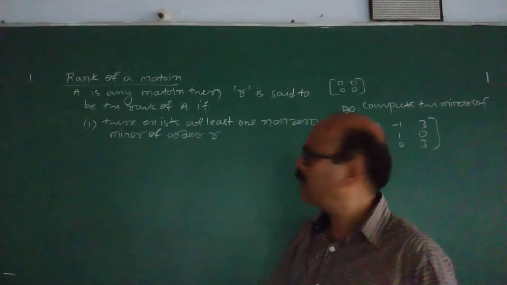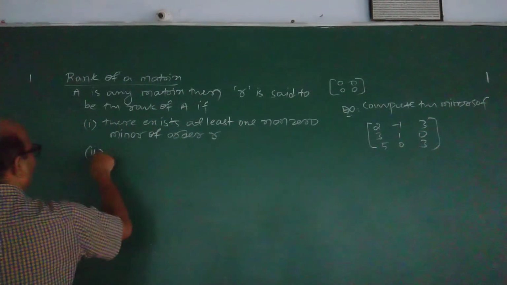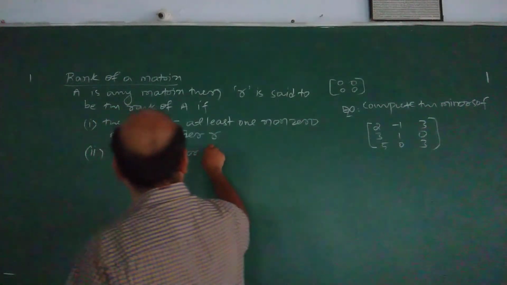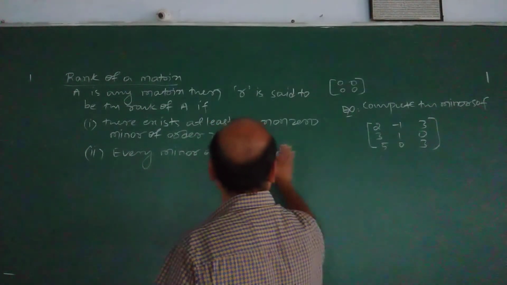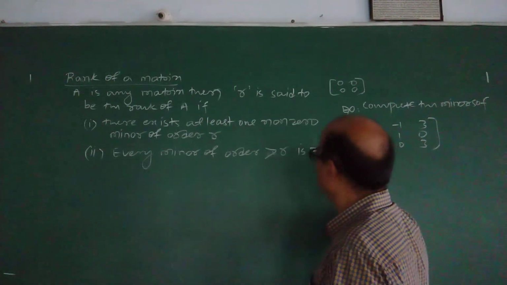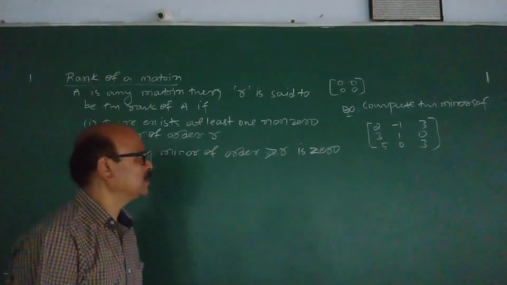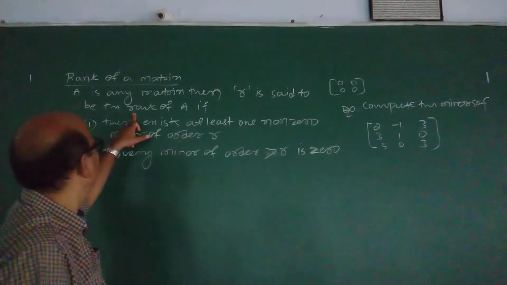Rank is said to be R if there exists at least one non-zero minor of order R and every minor of order R plus 1 or greater than R is 0. This is the definition of rank of a matrix. Understand first the definition of rank of a matrix, it is important.